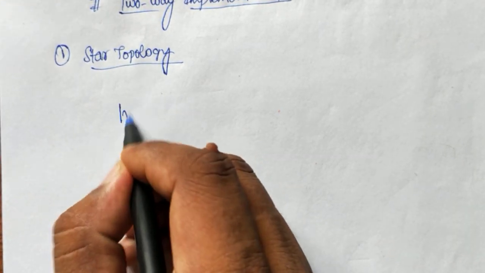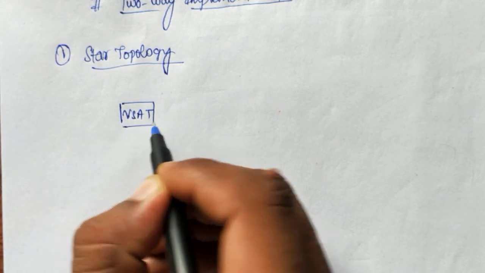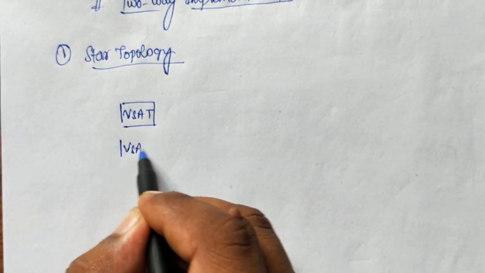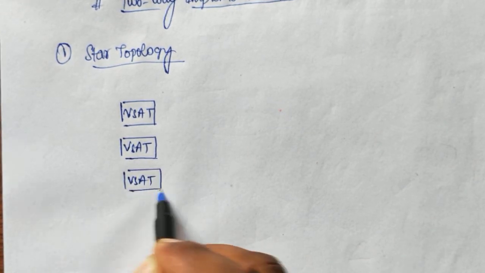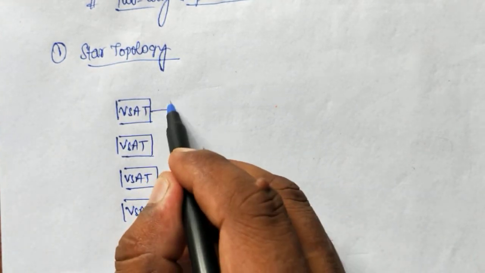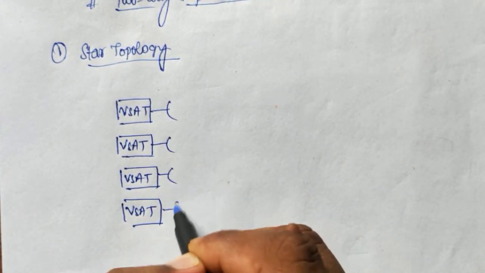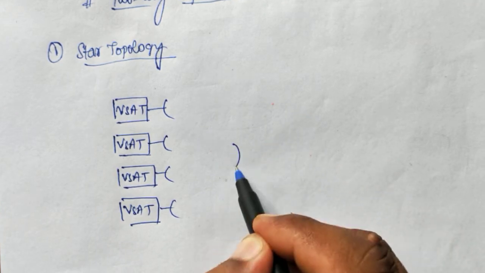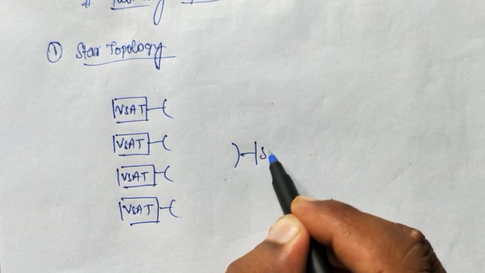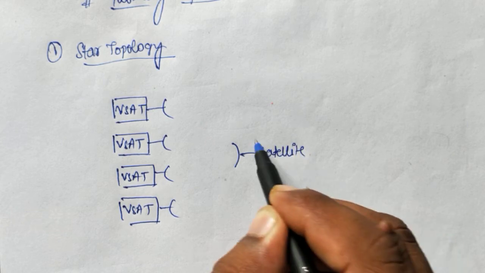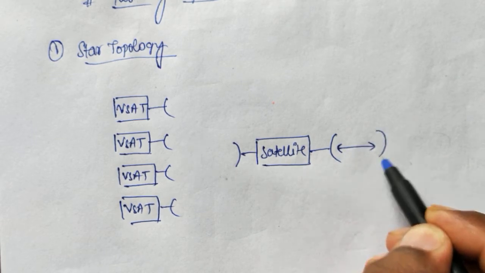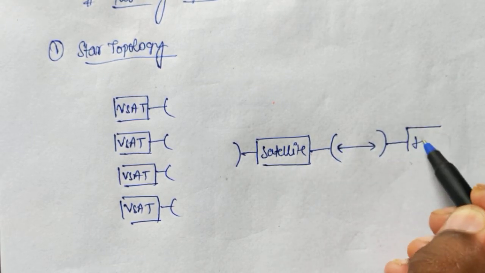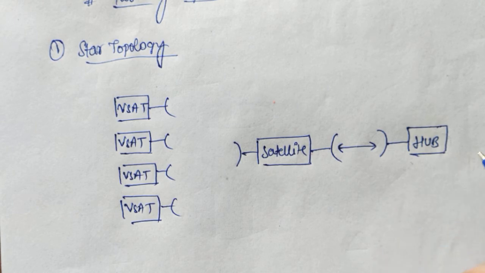Let me draw the diagram: Vsat, satellite, and this is the hub.